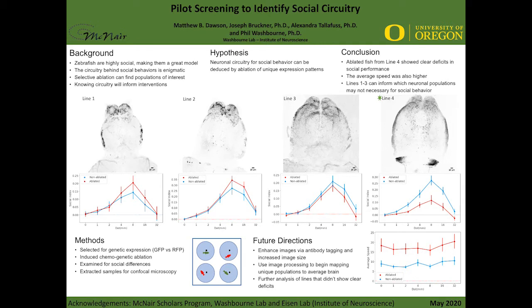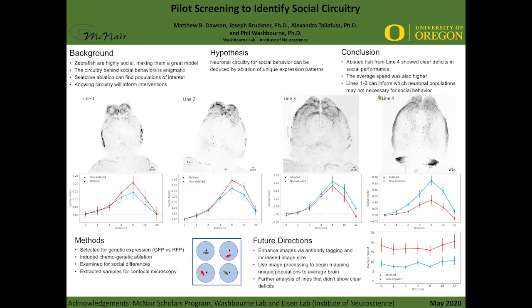And what zebrafish like to do is swim really close to each other. And so from the distance between the fish and the dot, we can calculate this social index, which is the x-axis of my top graphs. And then we can see if ablated fish are more or less social than non-ablated fish.